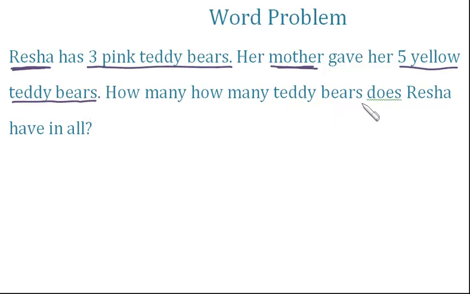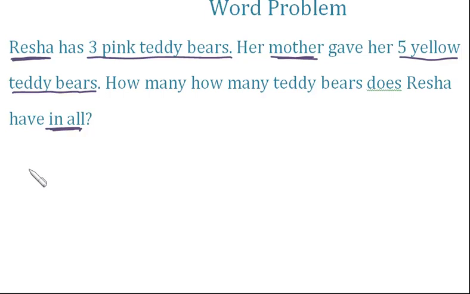How many teddy bears does Resha have in all? So we have to find the total number of teddy bears that Resha has. So she has 3 pink teddy bears and her mother gave her 5 yellow teddy bears. So now we'll have to write down the statements.